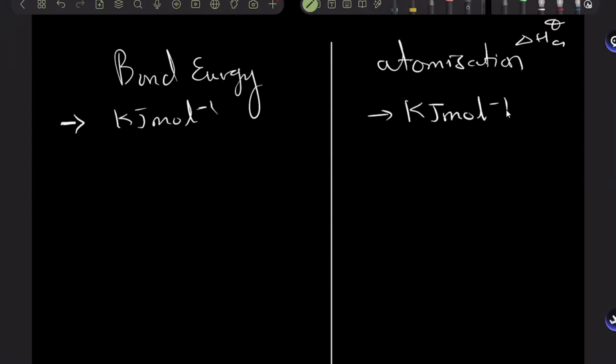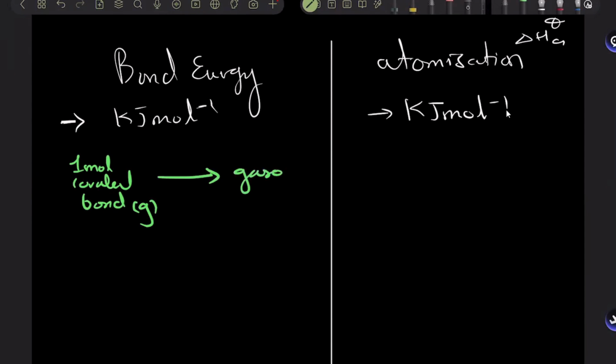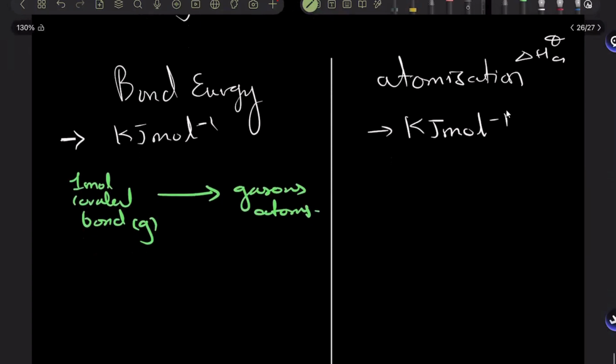But how do you define bond energy? The energy required when one mole of a covalent bond in its gaseous state is broken to form gaseous atoms. But what was atomization?